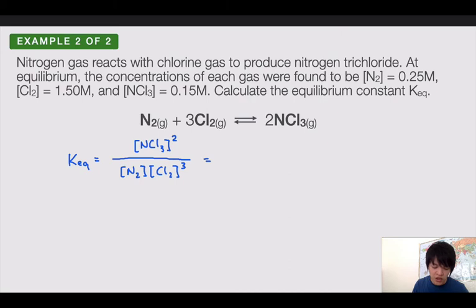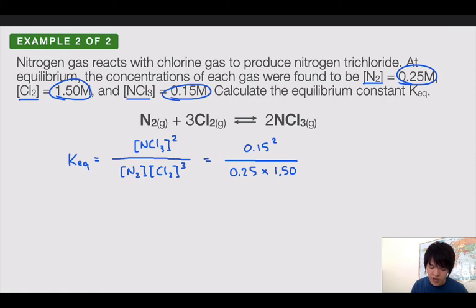For our product, let's see, NCl3, 0.15 molar. And then this is going to be squared. For our first reactant, nitrogen gas, the concentration is 0.25. And then we're going to multiply this by the second reactant, the concentration of chlorine gas, which is 1.50.